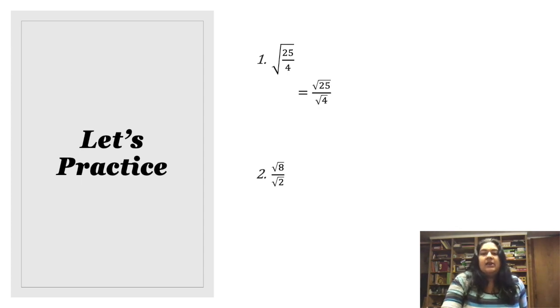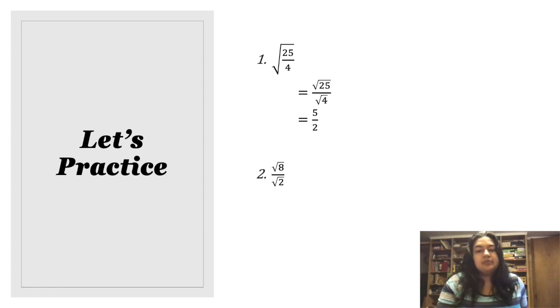I can make it the square root of 25 over the square root of 4. And wouldn't you know, they're perfect squares? The square root of 25 is just 5, and the square root of 4 is 2. So I'm going to rewrite this as 5 over 2. And that's it. You can simplify to 2.5 if you want, but 5 over 2 is fine.